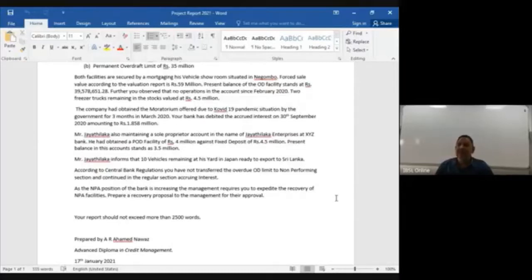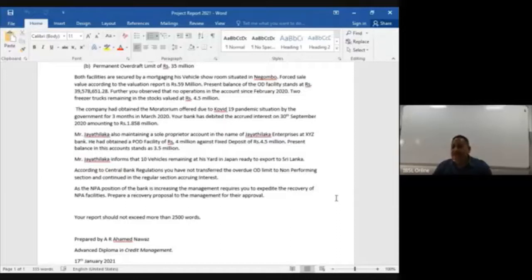Prepare a recovery proposal for management for their approval. Although it has been nearly 6 months since operations stopped in February, since it has not been transferred to the overdue section, it is not appearing in the NPA section.